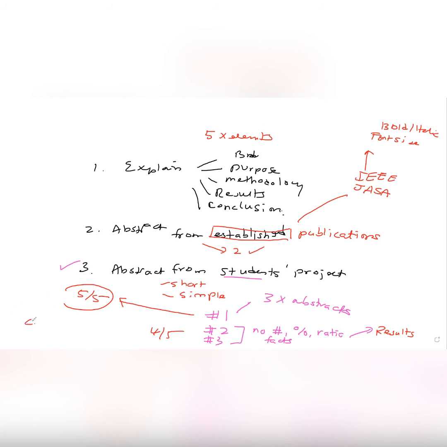So for the conclusion, they answer the purpose that we put in the abstract. And then from the conclusion, it goes to result. They find out that 70% of the students didn't wear a helmet.